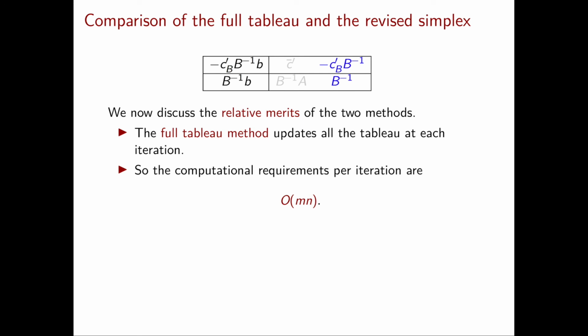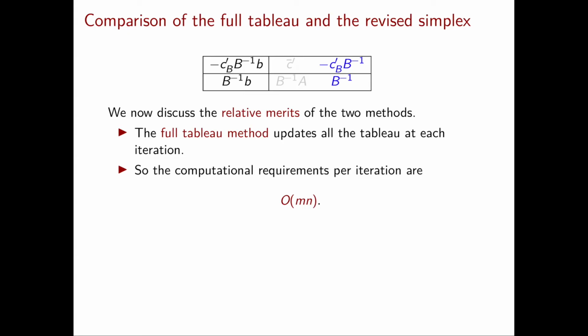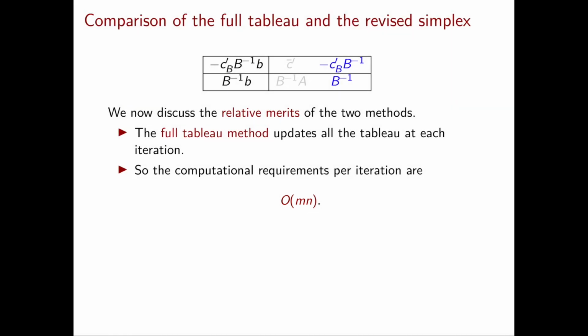We have already seen this, but let's do it again by looking at this extended tableau. So the full tableau method at each iteration updates all the zeroth column and then the n columns that I have written here in gray. Updating each entry takes a constant number of operations. So the computational requirement per iteration is big O of mn.